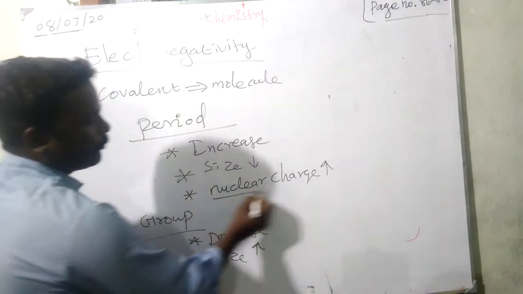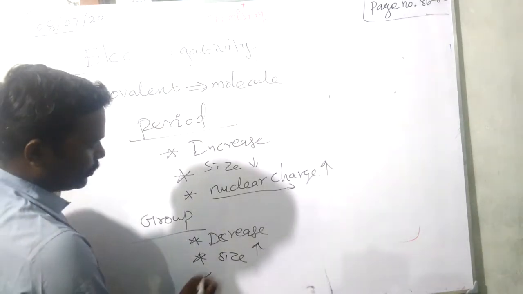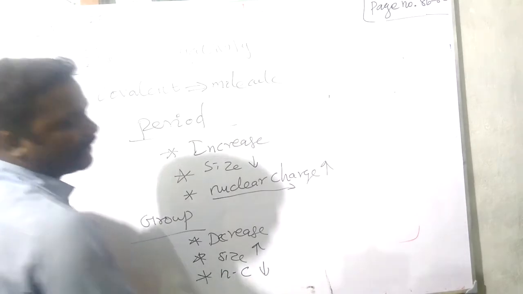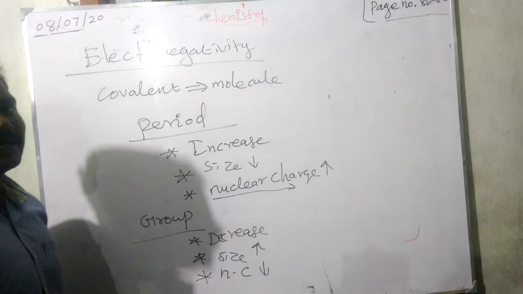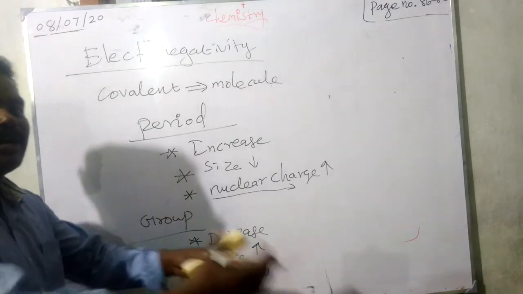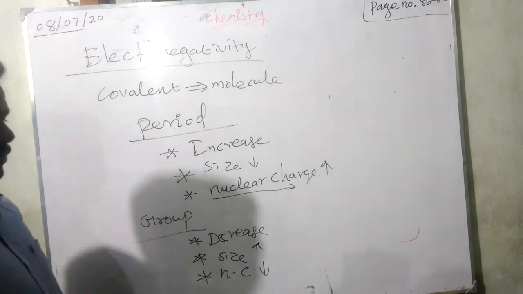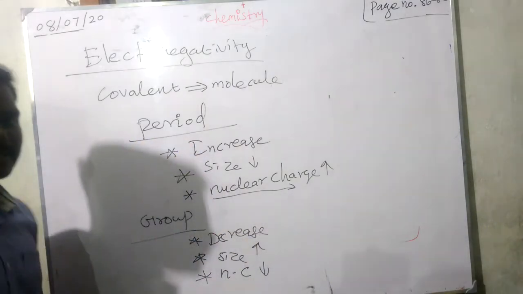Then automatically the force of attraction on the shared electrons will decrease. So the nuclear charge effect will decrease, the force of attraction will decrease. Because of this lower force of attraction, the shared pair of electrons cannot be attracted by either element. So period wise it increases, group wise it decreases.